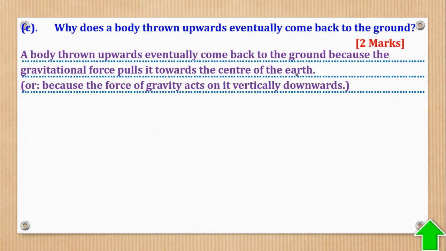As simple as that. Remember, these are short answer questions. So what you wanted is the word gravitational force and the word pulling it towards the center. Another one could be the word force of gravity acting vertically downwards. So any of the two explanations, you get to save the 2 marks.